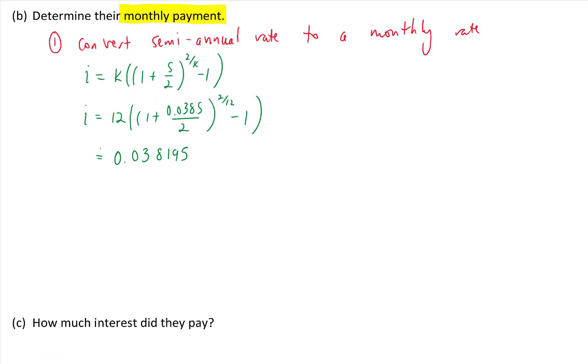So next now is to determine our regular payment for this mortgage. So R equals PV times I, because we know the present value of our loan, over 1 minus 1 plus I to the exponent of negative n.